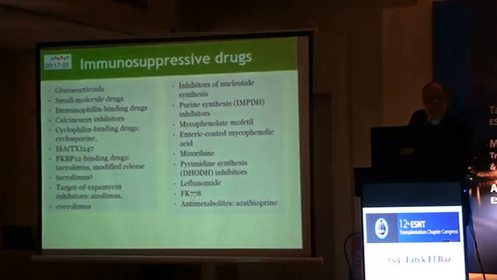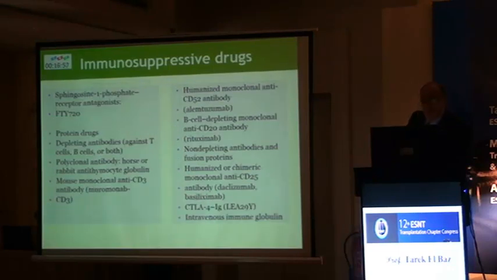Now, this is just a list. I'm not going to address each and every one of these immunosuppressive drugs. It's a very big list, and this is the rest of it. As you can see, our immunosuppressive drugs now have evolved into many, many forms, and in the majority, all in the end are working on the prevention of proliferation of the T cells.